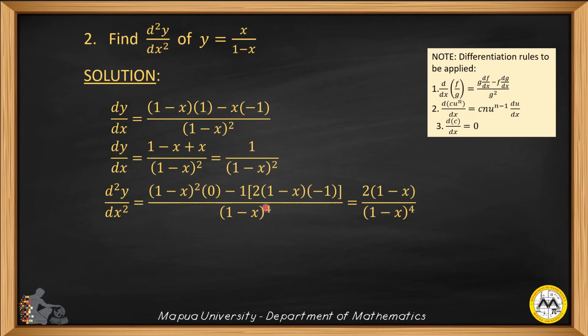Okay, the denominator now will be the square of (1 minus x)squared. So that from here, the second derivative of y with respect to x is just given by 2 times (1 minus x) divided by the 4th power of (1 minus x), which you can simplify further to 2 divided by the cube of (1 minus x), dividing both members of this fraction by the common factor 1 minus x.